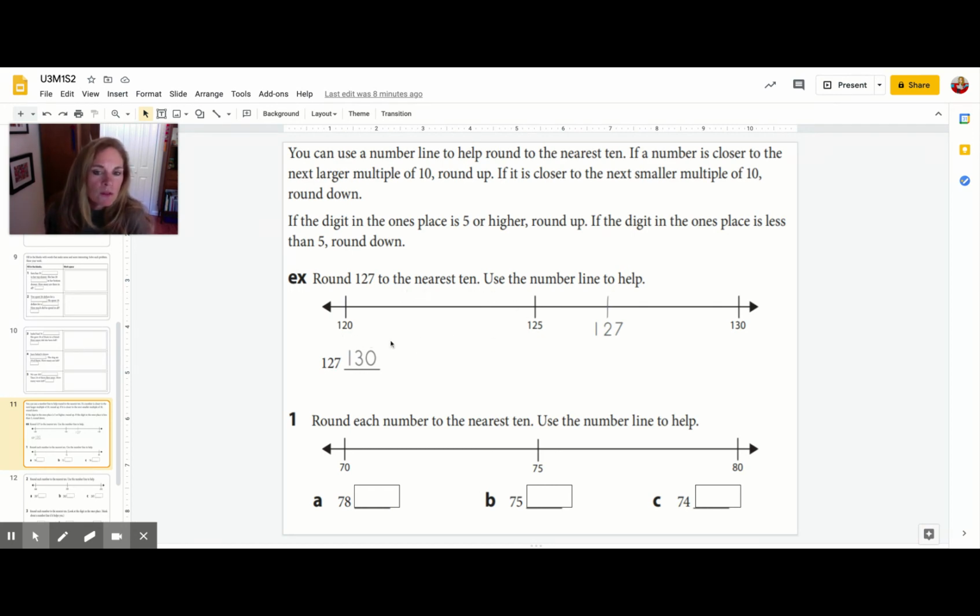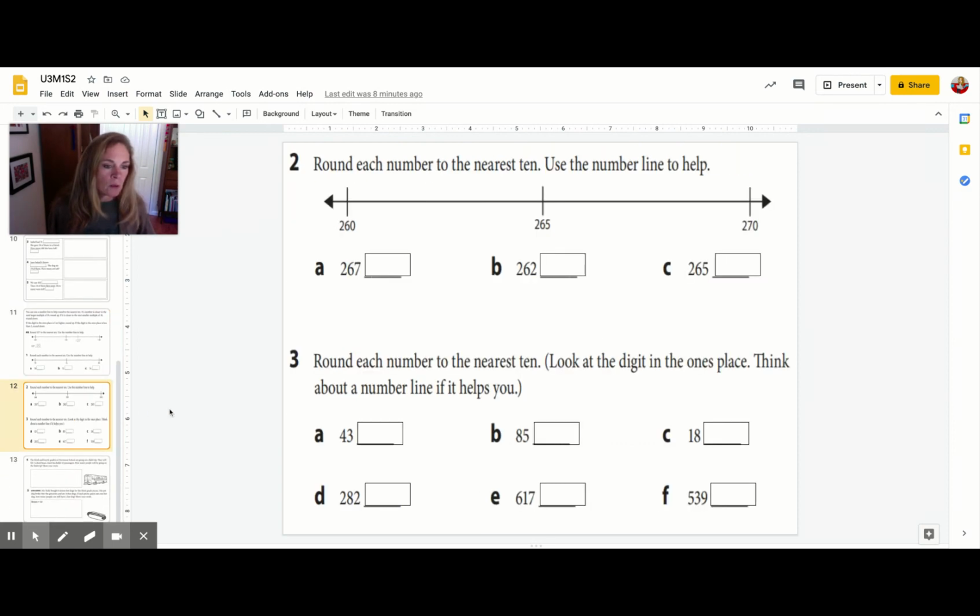So first of all, you find it on your number line. 127 is between 120 and 130. So your answer is either 120 or 130, whichever number it is closest to. So you're going to do that for each of these, 78, 75, and 74. You can use this number line to help.